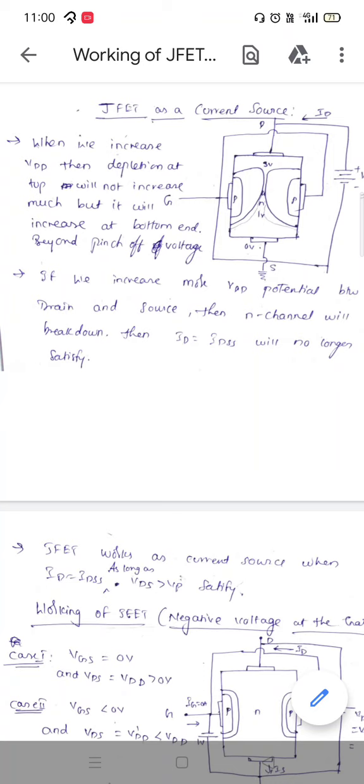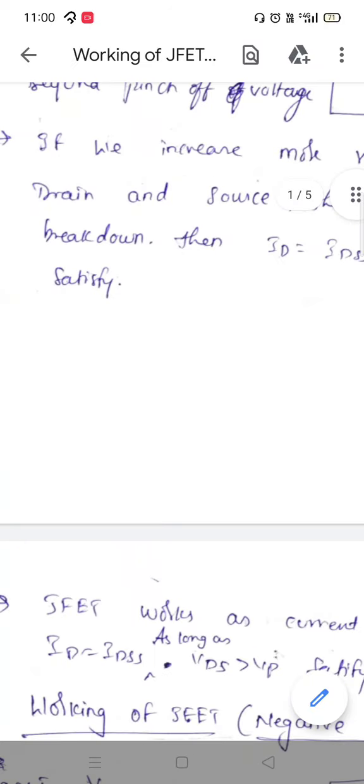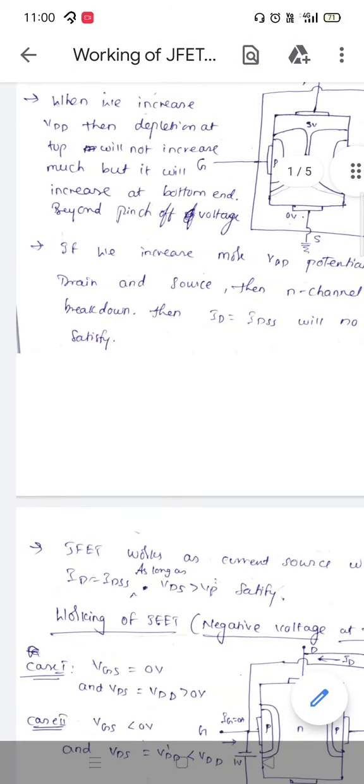But I have written it the wrong way. It will increase at the bottom end, but not much more than the top region.